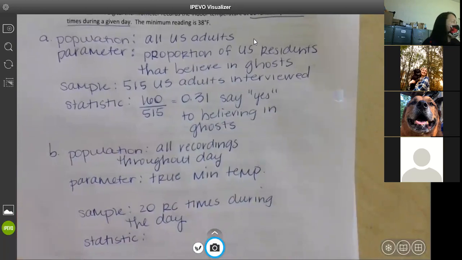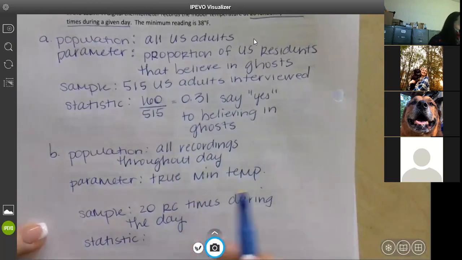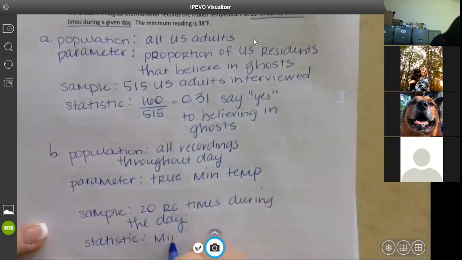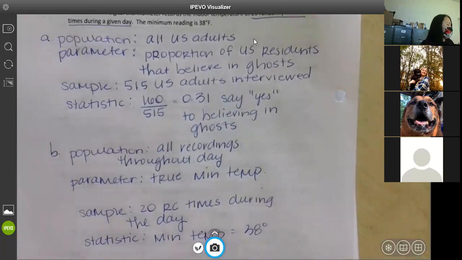Your statistic is what was the actual minimum. Well, there you go. So the minimum temp was 38 degrees.